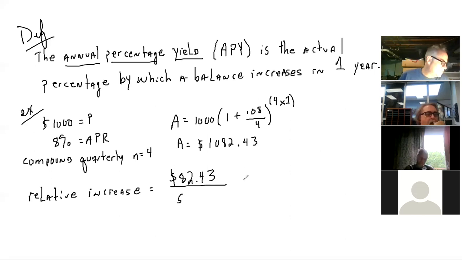And that's going to come out to 0.08243, which as a percentage then would be 8.243%. And that would be, again, in this example, what I call my APY, my annual percentage yield. So it's percentage.